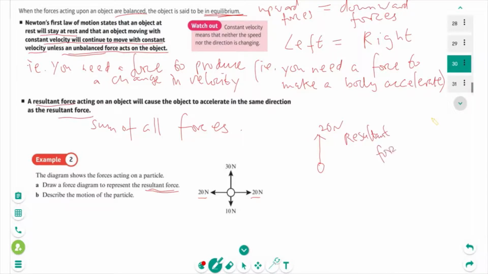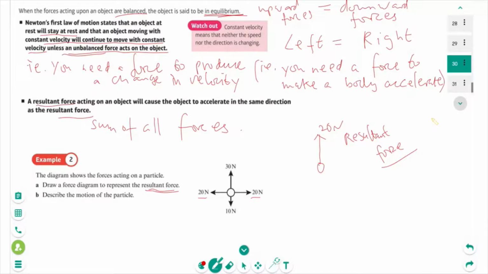It's the combined effect of all the forces taken into consideration. Newton's first law says that if you have a resultant force acting on a body, the body will accelerate in the same direction as the resultant force.